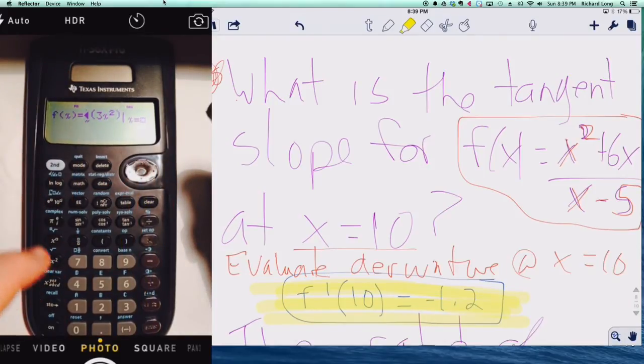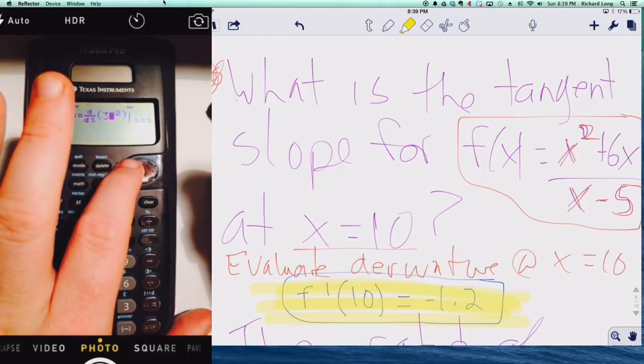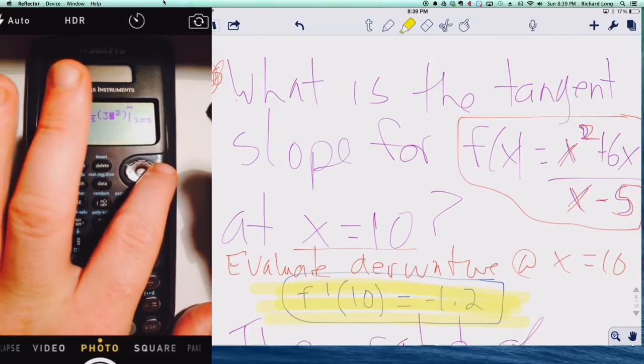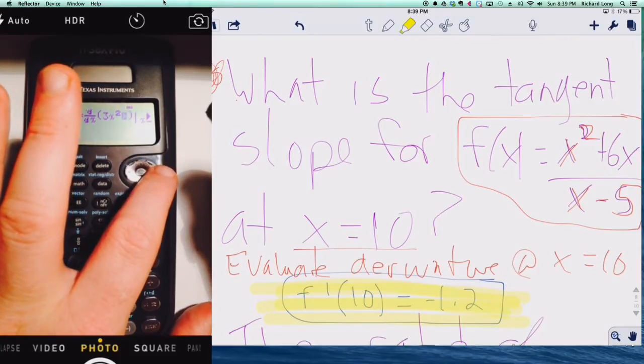This is an interesting way to do it. For every single x, what's the derivative of 3x squared? We know the derivative function, or the slope function, is going to be 2 times 3, 6x.